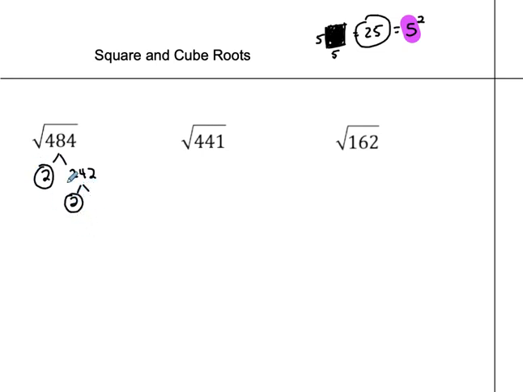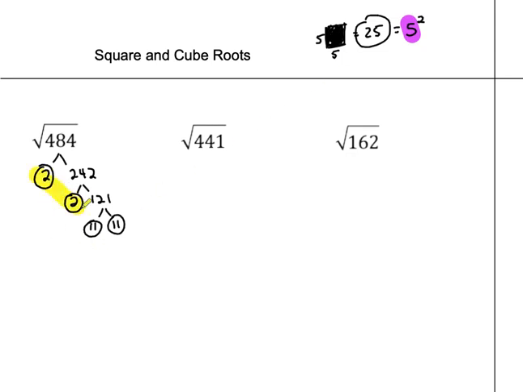And already I'm sensing there might be some pairs here. But 2 goes into 242 121 times. Well, what goes into 121? It's a palindrome, so that leads me to believe 11 might go into 121. And sure enough, 11 times 11 gives me 121.